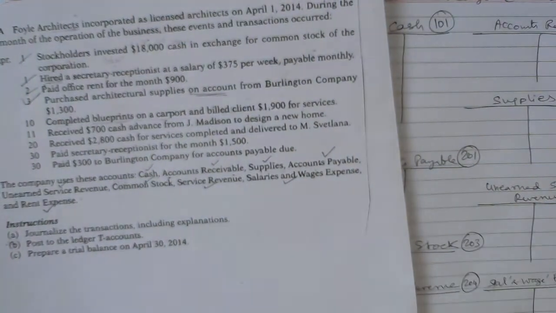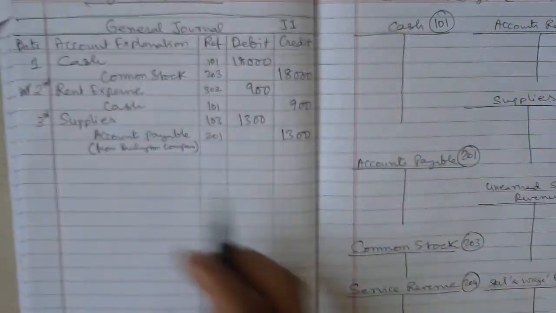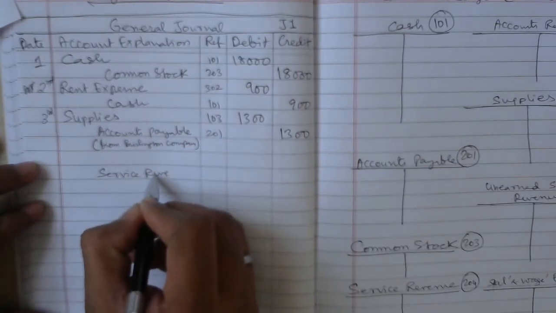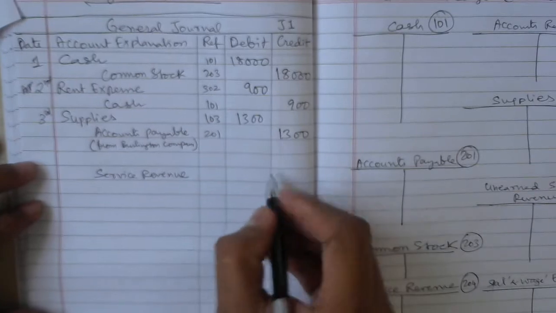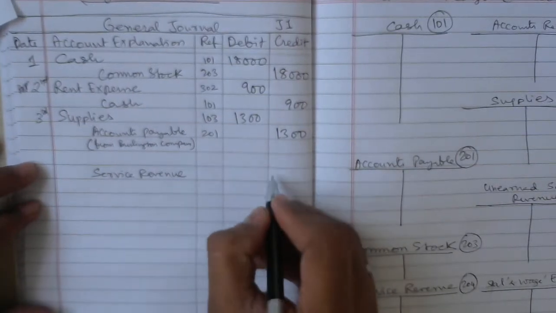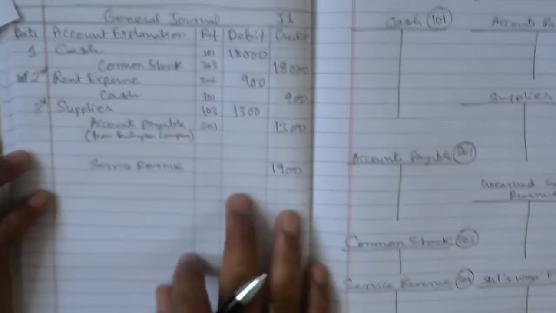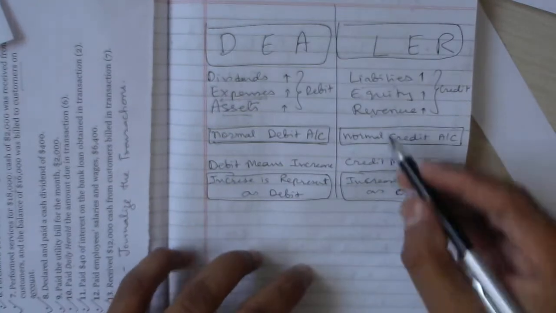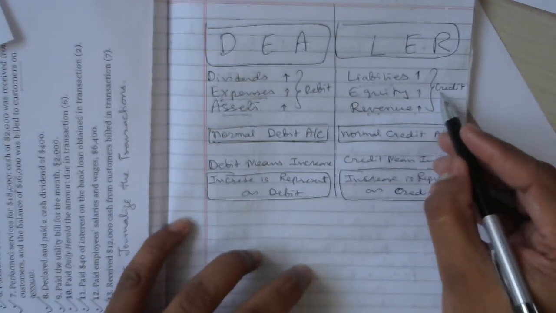Service revenue increasing means credit, so service revenue will be 1900 under credit. So increasing of revenue means credit. Again remember that. If you go back here, revenue increasing means it has to be a credit entry.